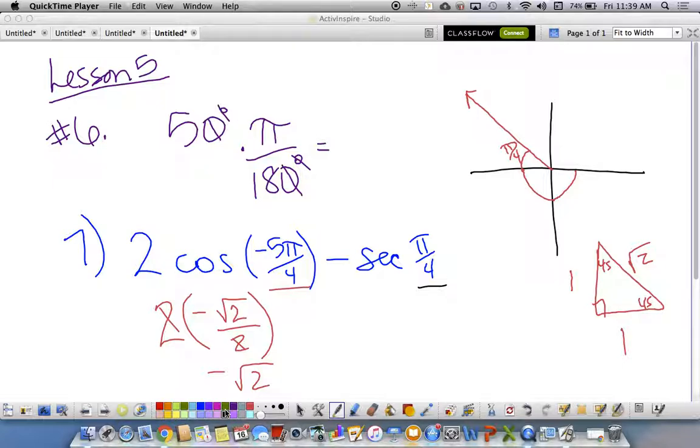It's 45 degrees, but what's cosine of 45 degrees? Or really, what's secant of 45 degrees? It might be easier to find. So cosine is 1 divided by the square root of 2, so secant is going to be square root of 2 divided by 1. Right? Square root of 2. So what's negative square root of 2 minus the square root of 2?